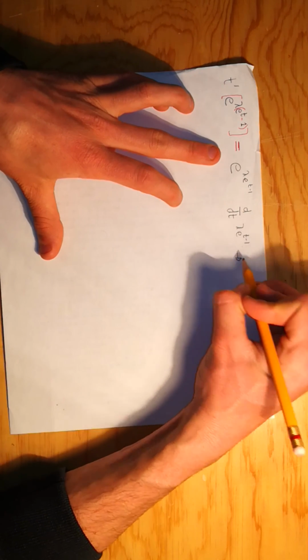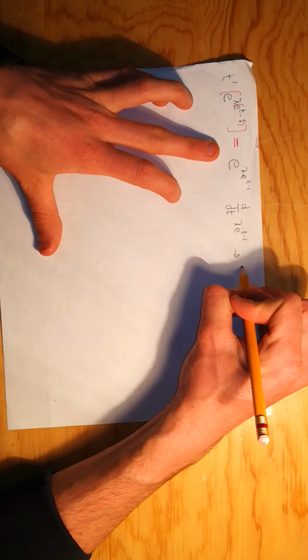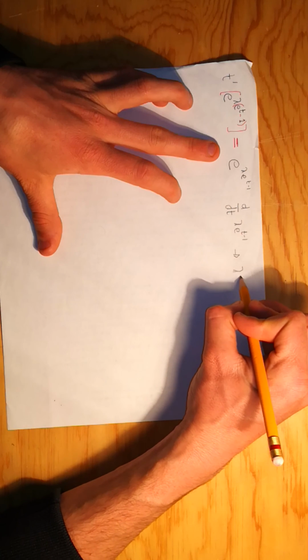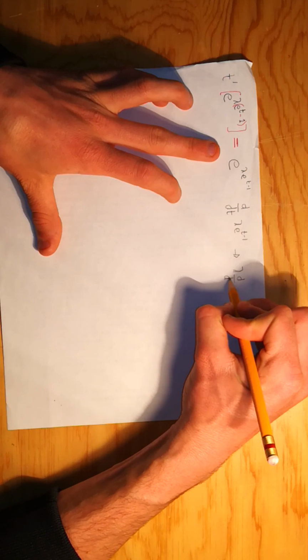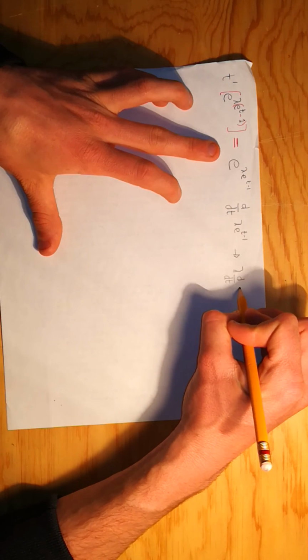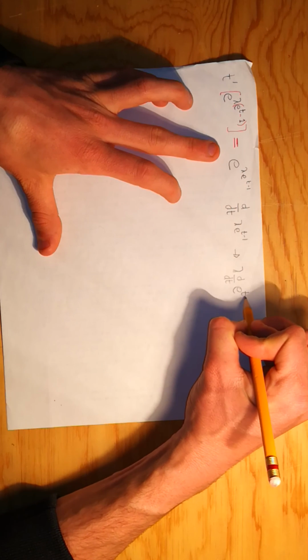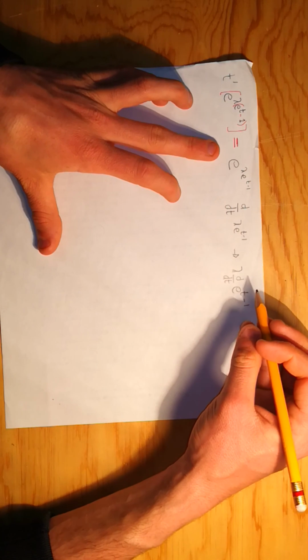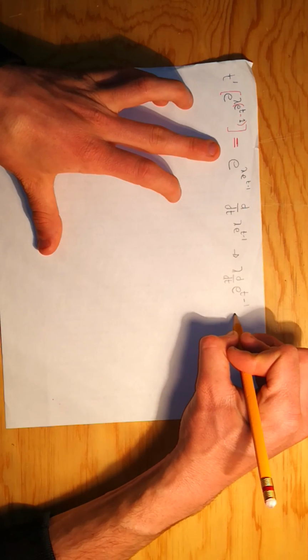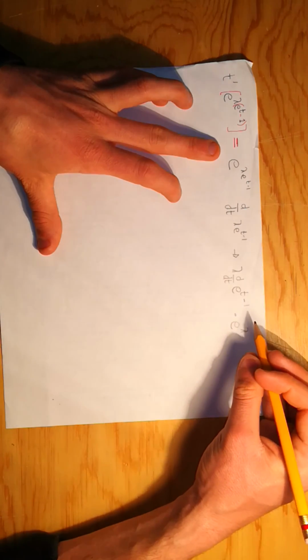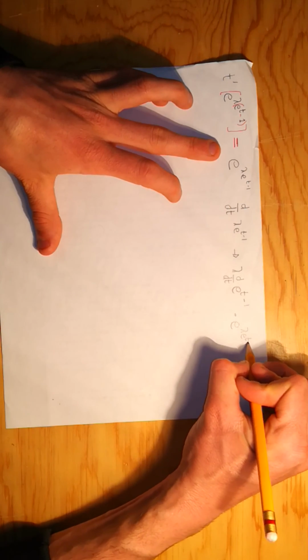We have to compute this now. It's lambda, which is the constant, times the derivative with respect to t of the argument on e, which is t minus 1, everything times the very first thing that we had.